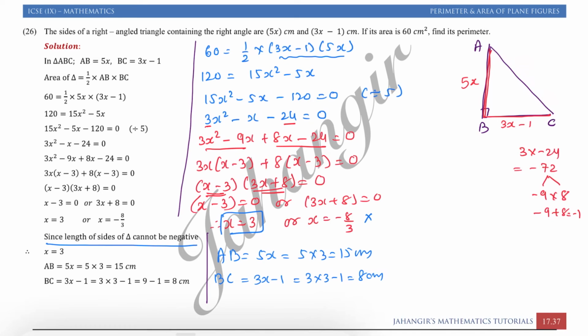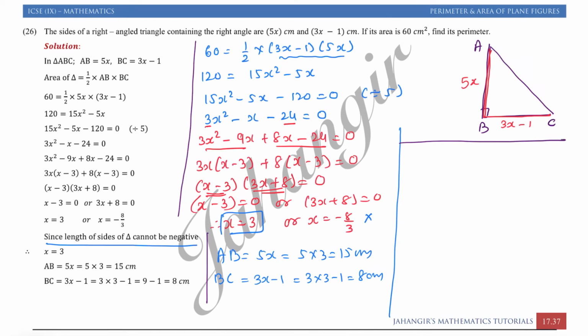Now we have to find the hypotenuse, which we can find by Pythagoras theorem. So we can say AC square is equal to AB square plus BC square, that is 15 square plus 8 square. AC square is equal to 225 plus 64, which is 289. So AC is equal to 17 centimeter.